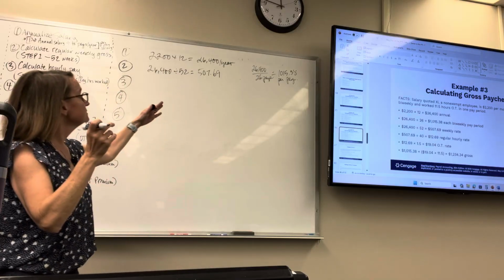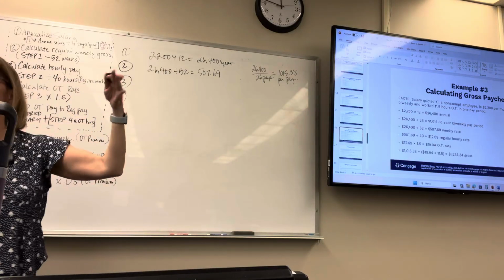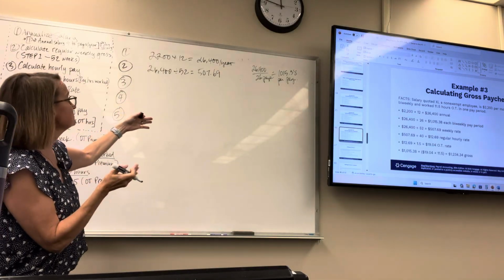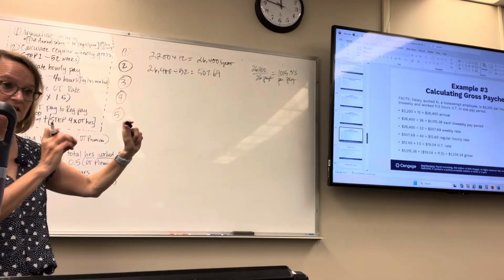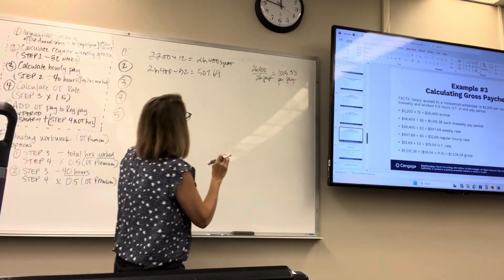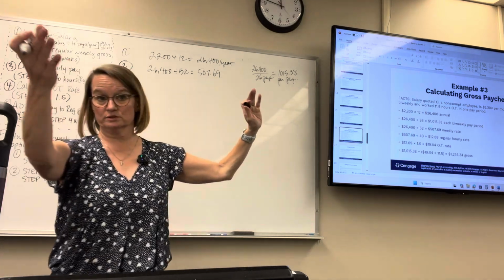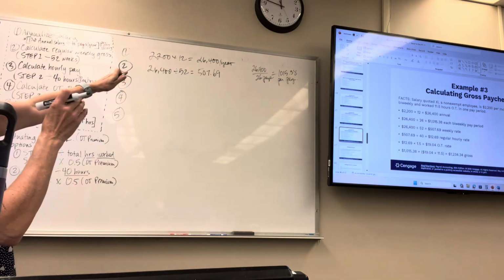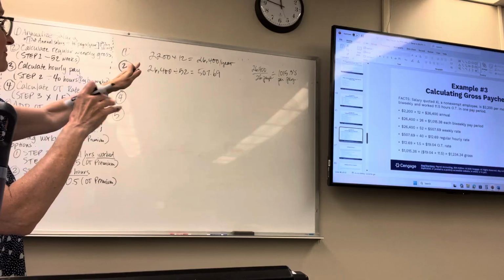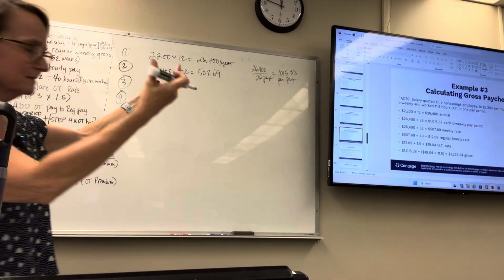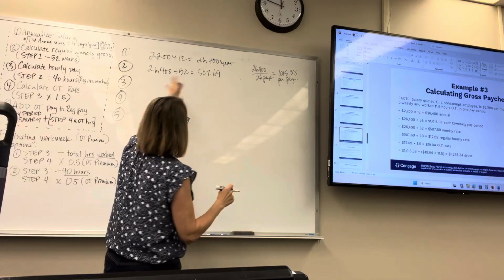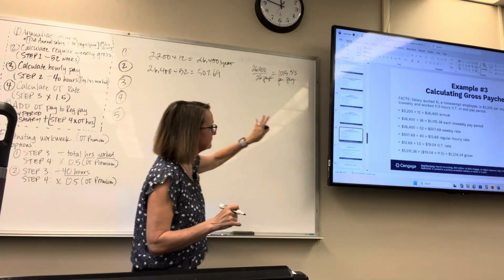So in this case, you can see 507.69 times 2 does come to that 1,015.38. The rounding is fine in that case. But you could have situations like you were saying, where maybe it comes out to 507.70, and if you multiply it by 2, it would not be the correct per pay. So that's why you want to follow these steps.